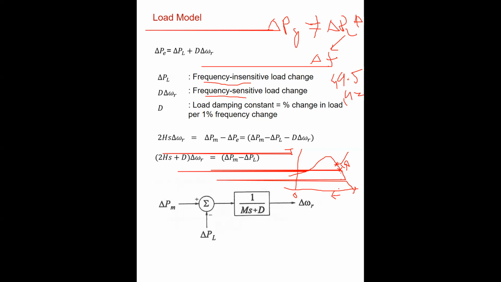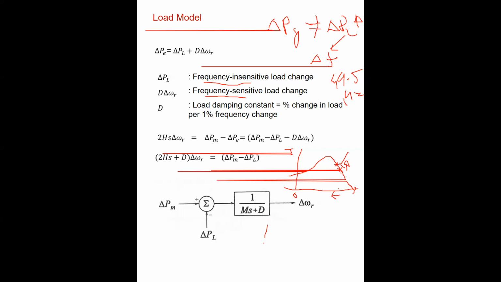So initially when the disturbance took place, there is no need for all the power to be made by the generator. The moment a disturbance takes place, the power does not all have to be made by the generator, because this positive torque can also have an impact here, and thereby it can minimize the frequency deviation.